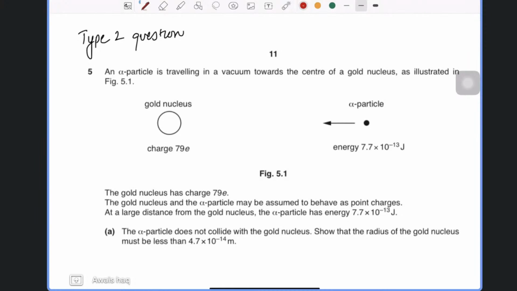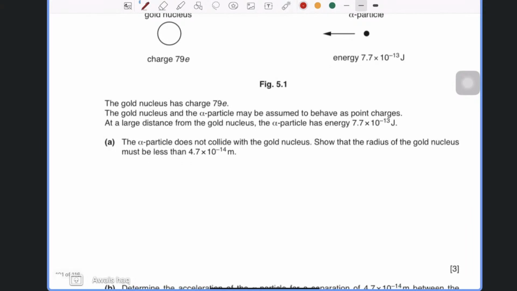Show that the radius of gold nucleus must, wait, what? Okay, so it says if they do not touch, we need to show that the radius of the gold nucleus must be less than this. So we're going to just check this again. This is a checking question.